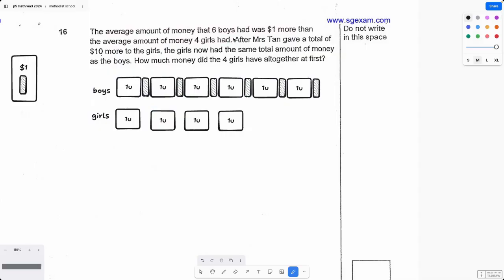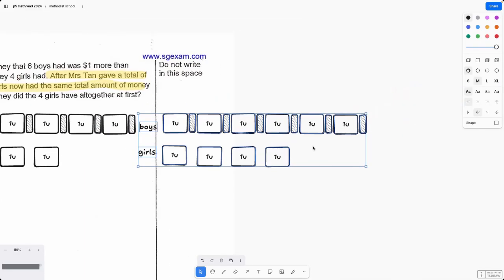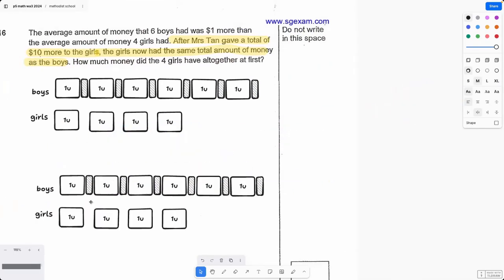Next part is after Mrs. Tan gave a total of 10 more dollars, the girls now have the same total amount of money as the boys. So what happened? What I'm going to do is duplicate this. So that's the before, and I'm going to show you the after.